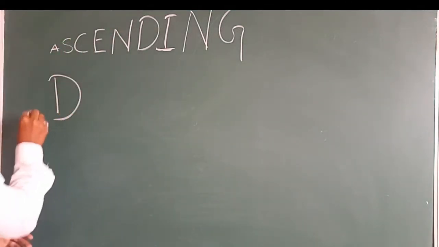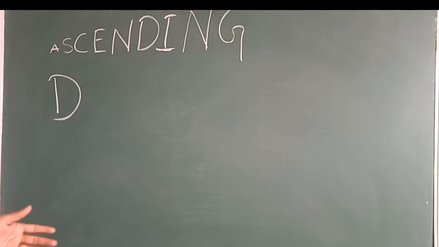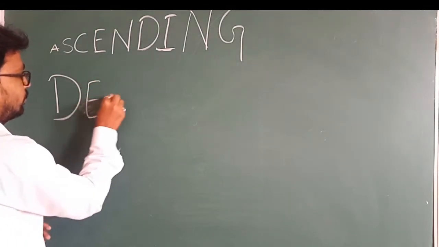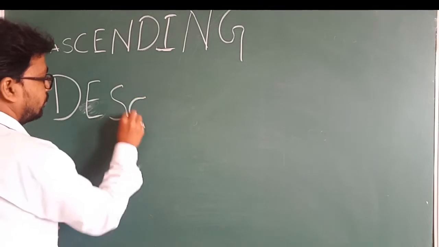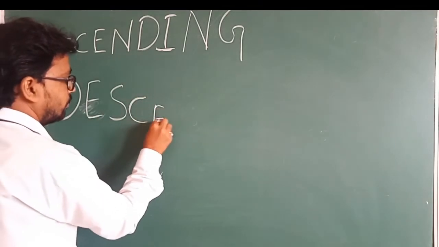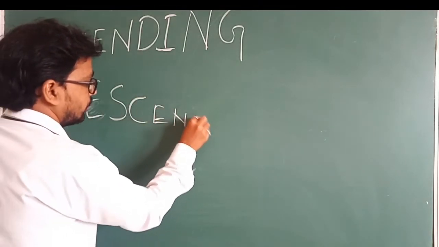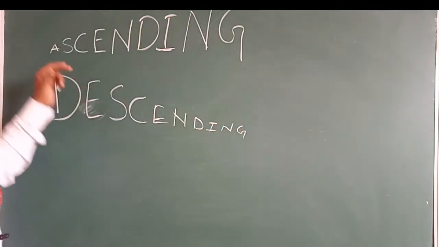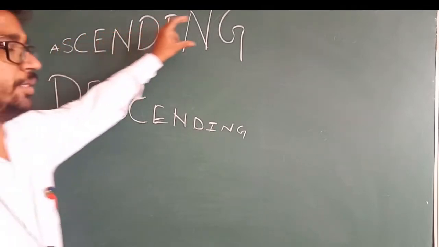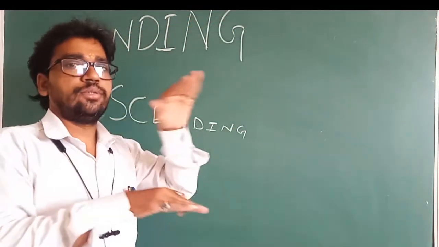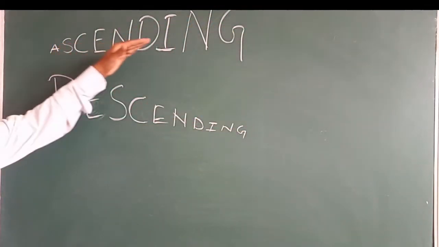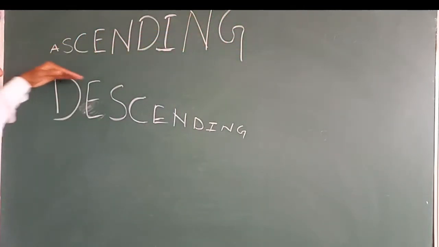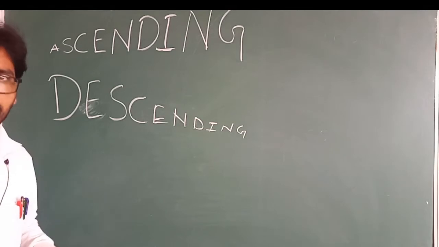Bigger to smaller. Okay. So if smaller to bigger means if we are going up, then it is an ascending order, and if we come down, then it is a descending order.